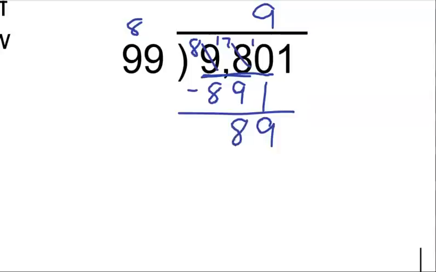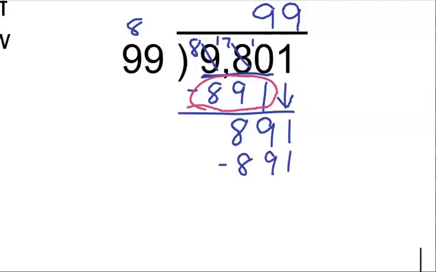So we have 89, and then we bring down the 1. 891 is our answer. That was what we got when we put the 9 on the top, so this is going to have to be a 9. 9 times 99 is 891, which leaves us with 0. So our answer for this one is 99.